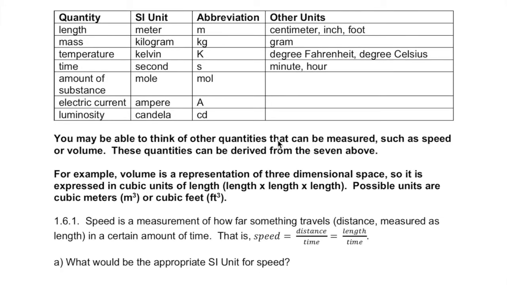There might be other properties that a substance has that can be measured. It can have a volume. In chapter 3, we're going to go into specific heat, a property of material, but that would be expressed in different units, and those different units can be converted into SI units if need be.